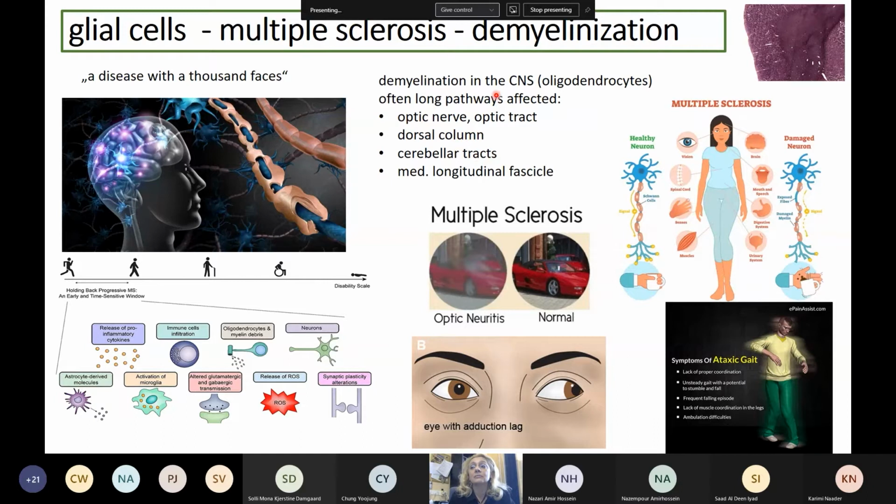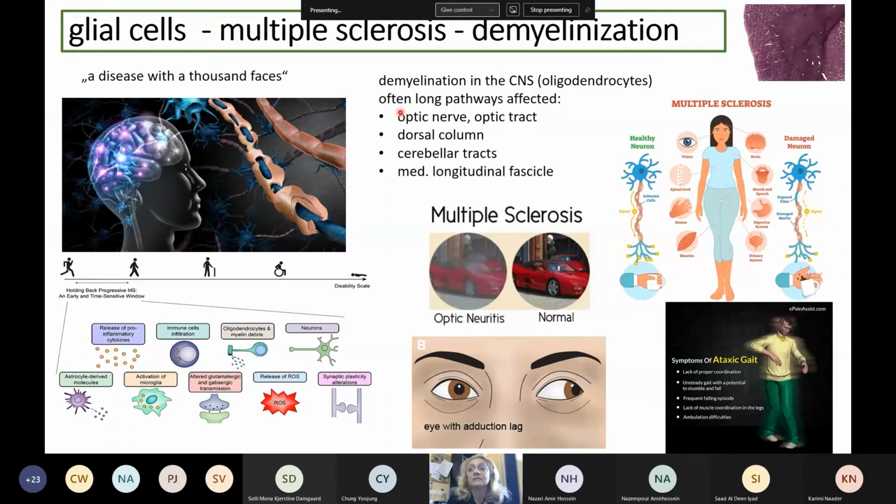It many times affects long pathways, and the symptoms depend on where the demyelination is happening. So in this disease, the neurons lose their myelin sheath. That's why it's called a demyelination disease. They lose their myelin sheath.